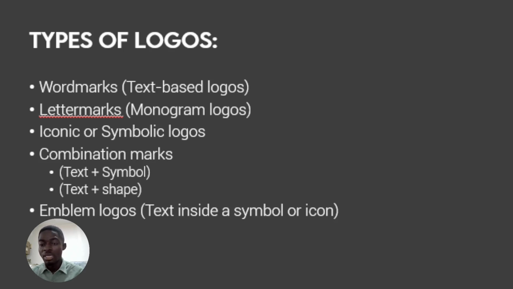We also have letter marks, also called monograms, where you take a letter and add some design to it to create some emphasis or reshape the way the letter looks. We also have iconic or symbolic logos, which use icons, pictures, or an abridged version of a picture.